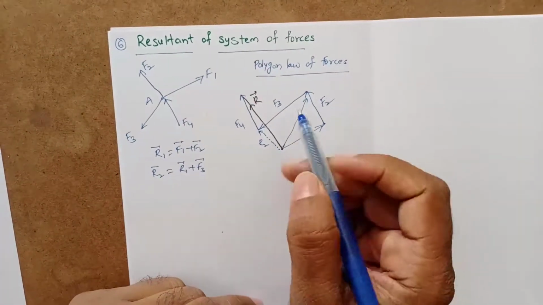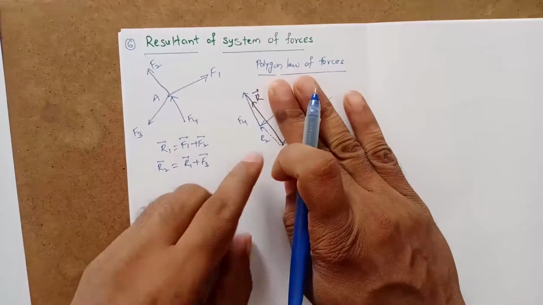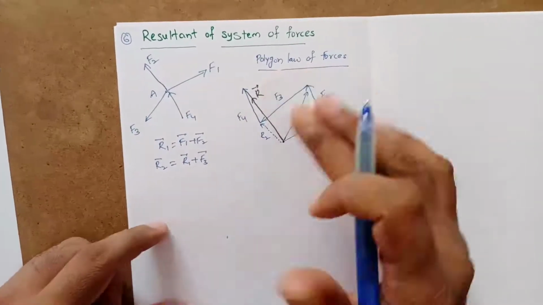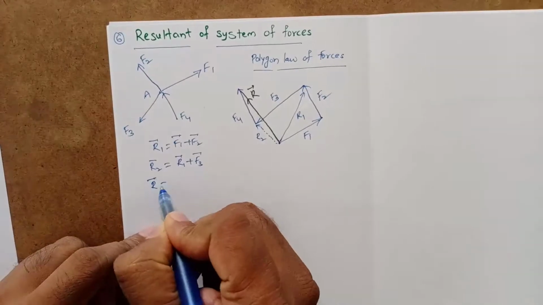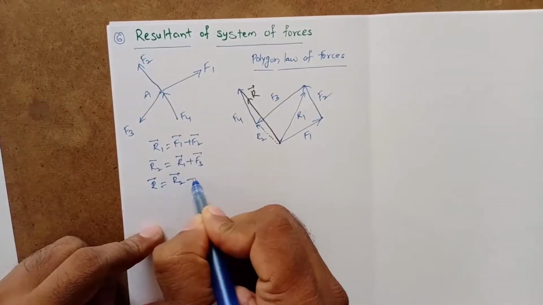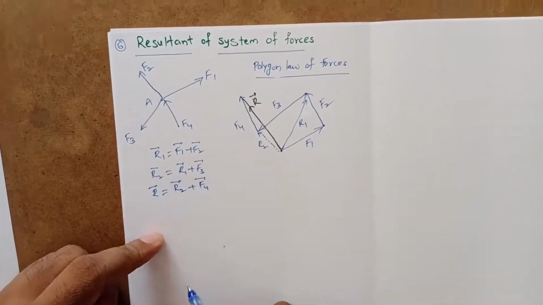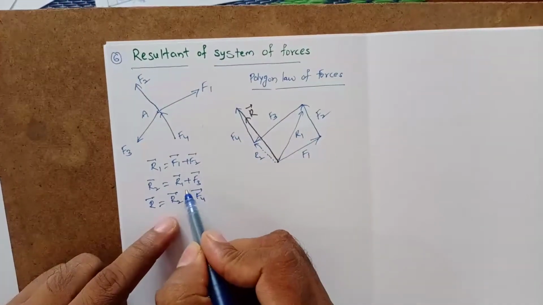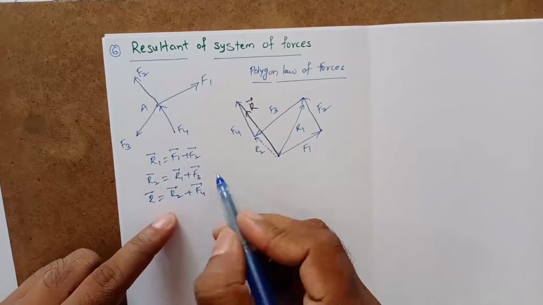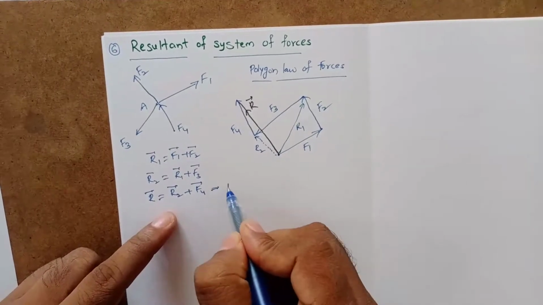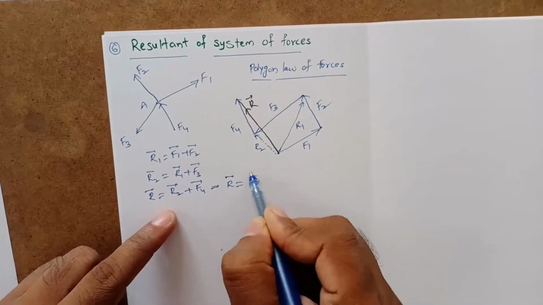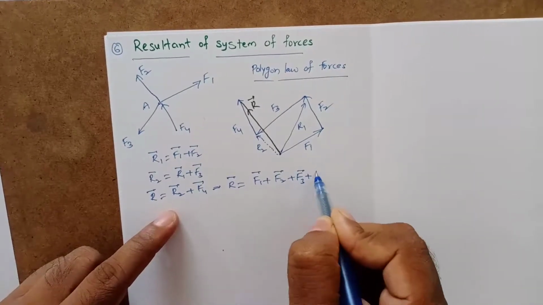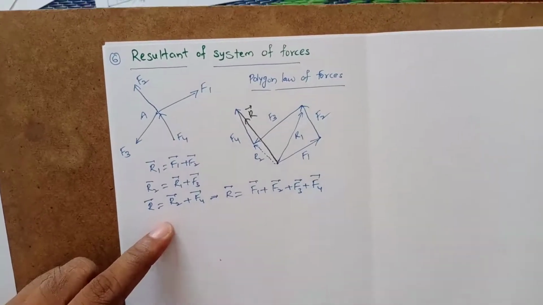Now this is over, all are over. What we are left with is R2 and F4. So R2 plus F4 is equal to R bar. So R bar is equal to R2 plus F4 bar. Substituting the R2 value, R2 is equal to R1 plus F3, R1 is equal to F1 plus F2. So finally what we get here is R bar is equal to F1 bar plus F2 bar plus F3 bar plus F4 bar.